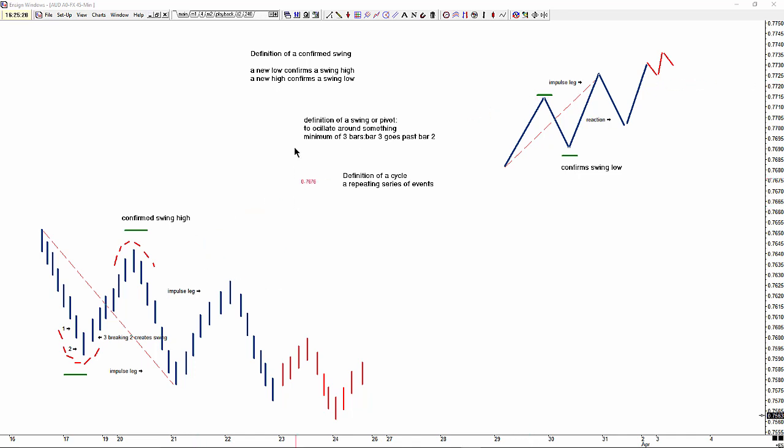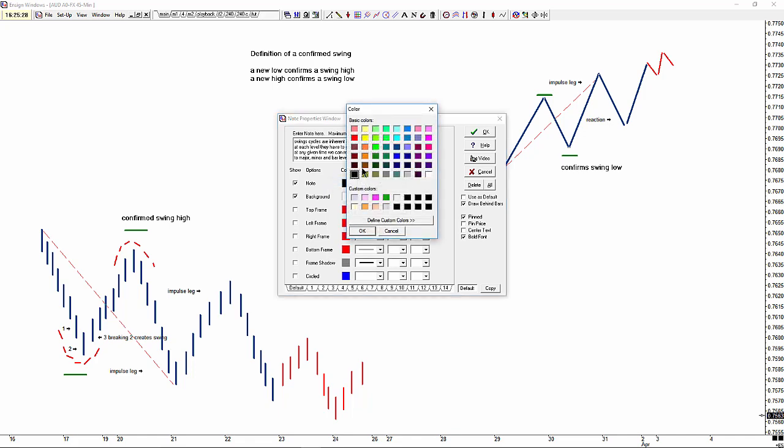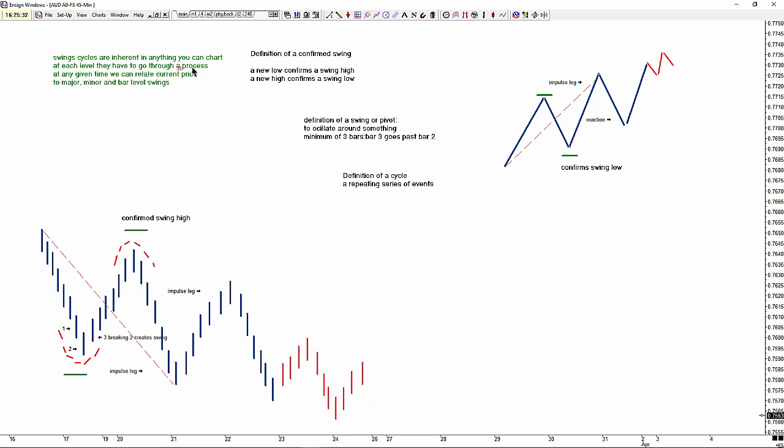So a swing cycle is just a wave, and the reason I'm interested in swing cycles is because they're inherent in anything you can chart. Doesn't matter. You're charting the weather, right? We're charting buyers and sellers here. That's what we're doing. We're charting the flow of buyers and sellers.